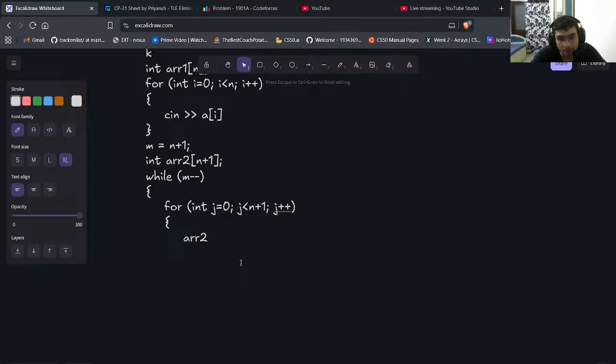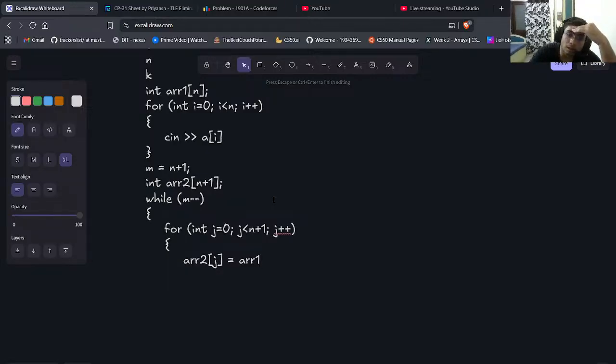ARR2 j is equal to ARR1. But if I make it until that, then I think I should just make it run till n, and then the last one I can do manually, and not make it part of the loop.